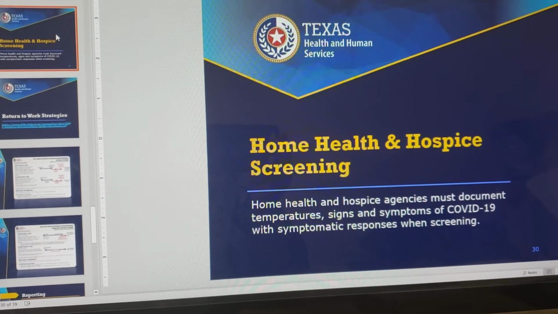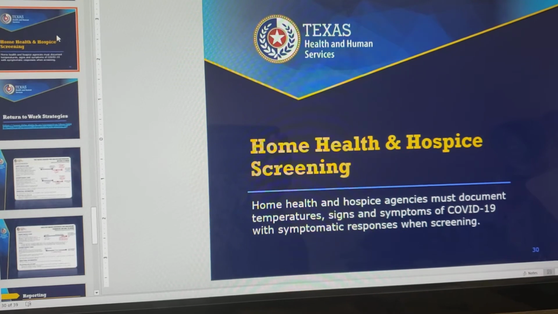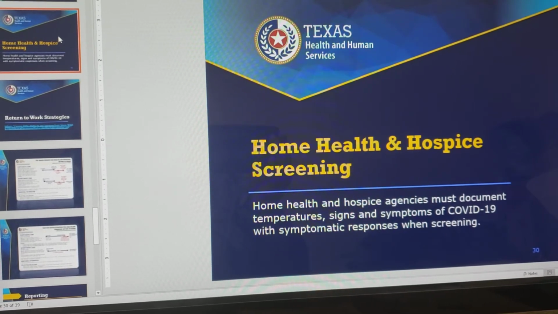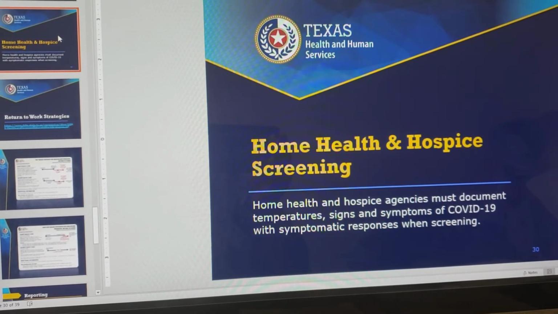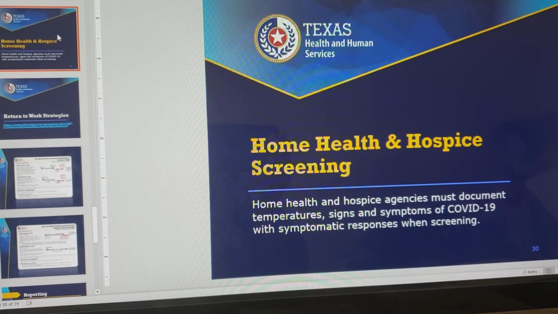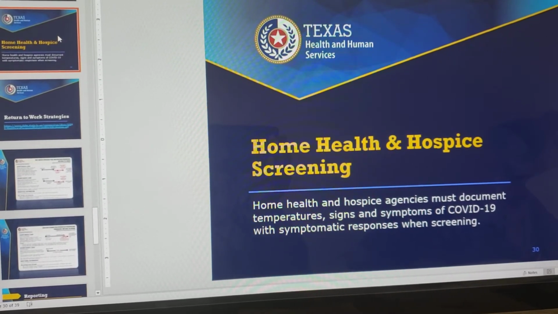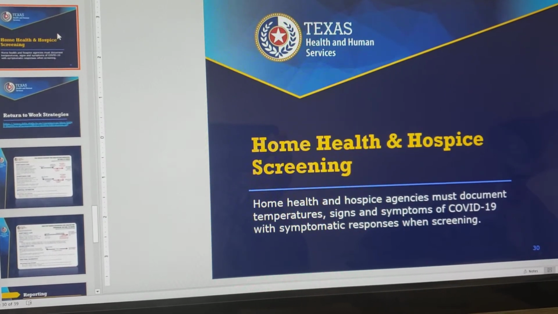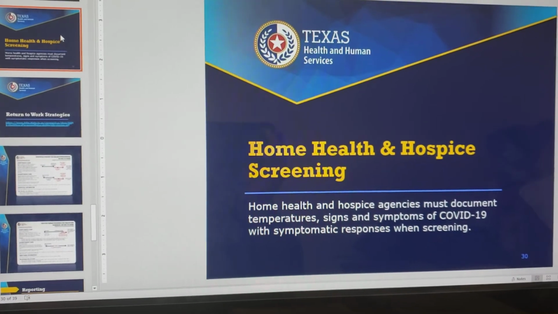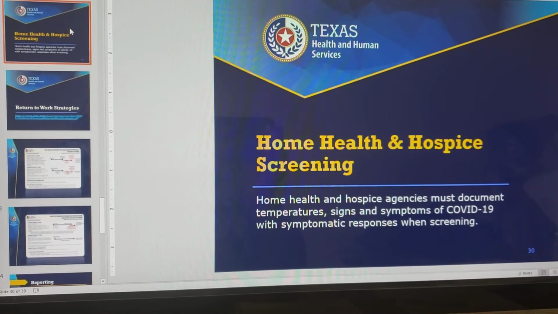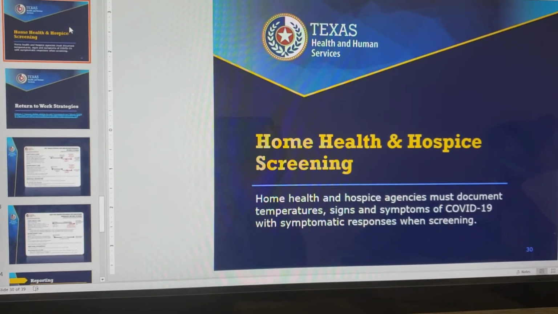So for home health and hospice agencies, you must document temperature for COVID-19, and those are all the symptoms that were listed in the criteria on the previous slide, as well as symptomatic responses when doing your screening. And that must be incorporated into the record as quickly as possible.